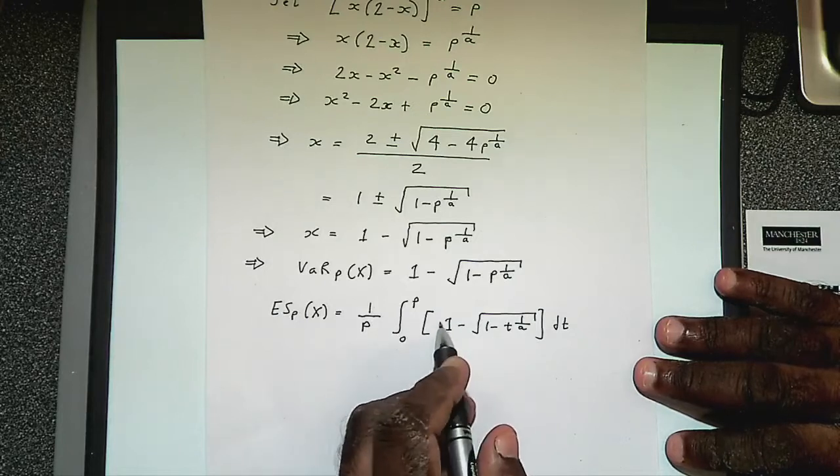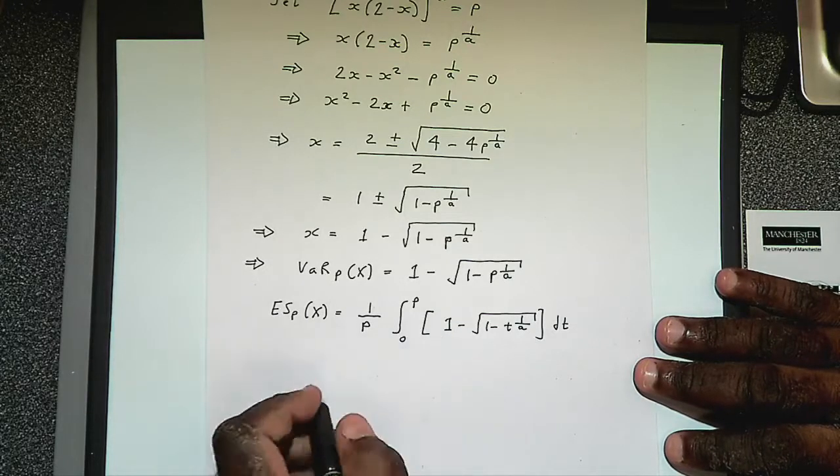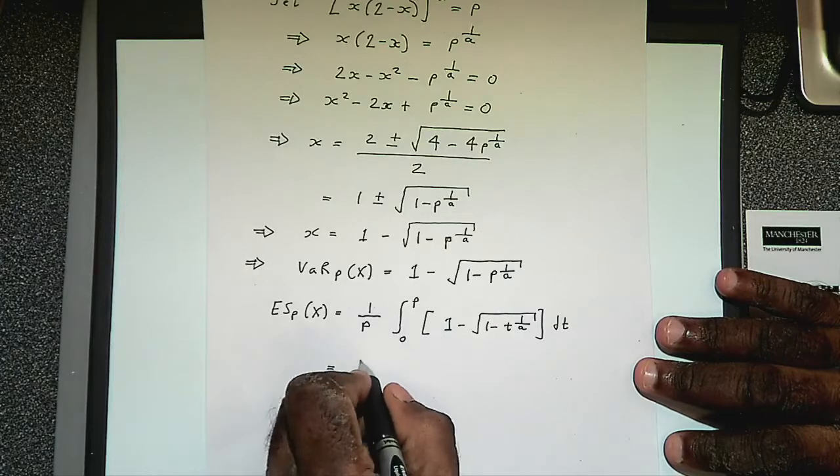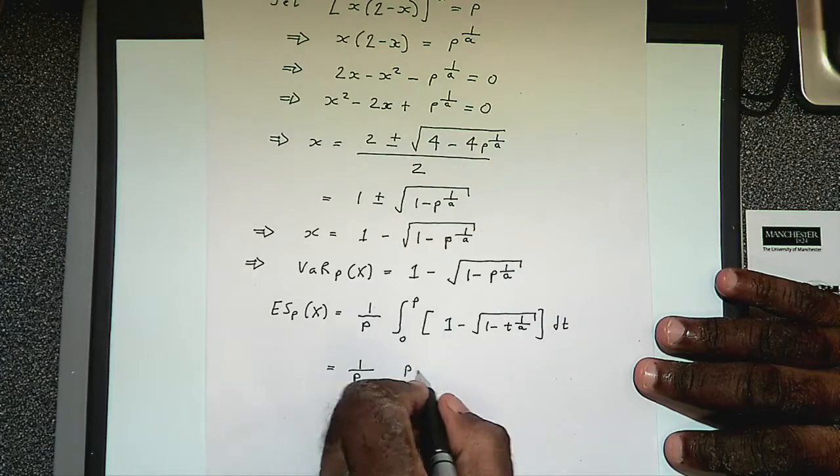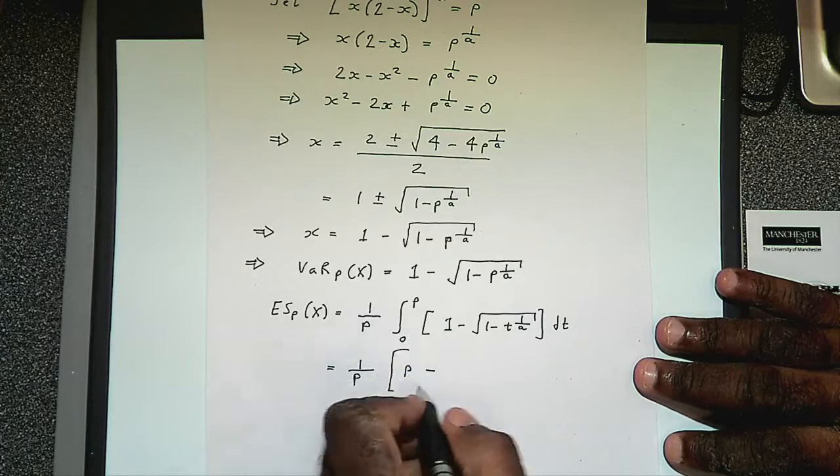The integral of the first term is trivial, right, so you get 1 over p, p minus brackets.